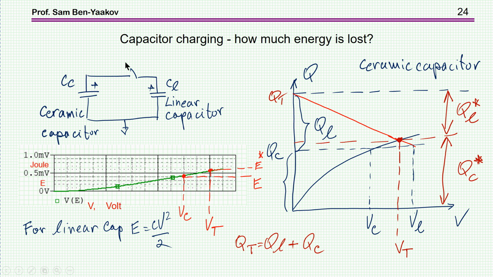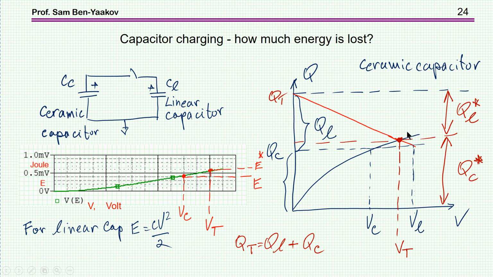Now what about the energy that has been lost? How can we figure this one out? Again, we have the initial condition. Initial condition meaning that we know what was the voltage and charge of the nonlinear capacitor, voltage and charge of the linear capacitor, and therefore we know what is the energy that we have started with.